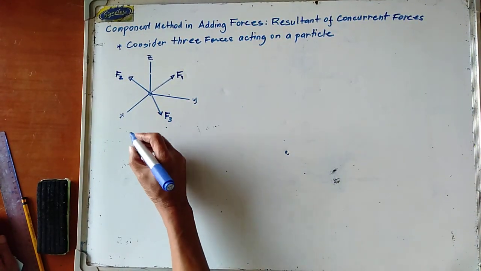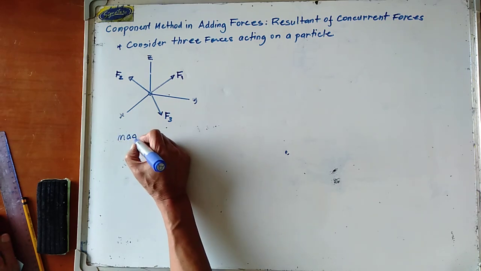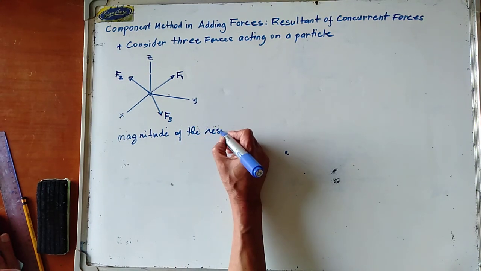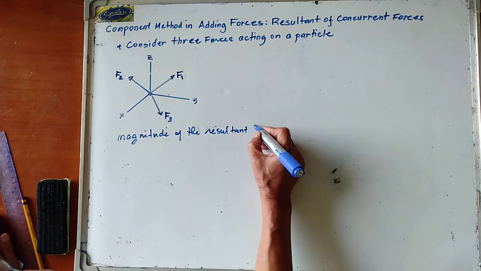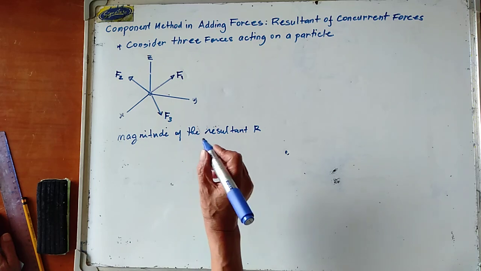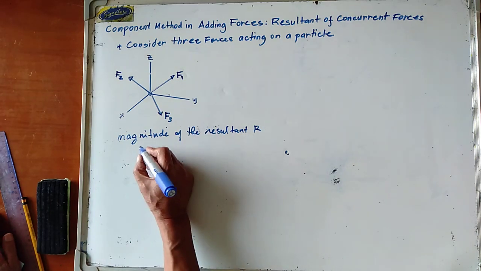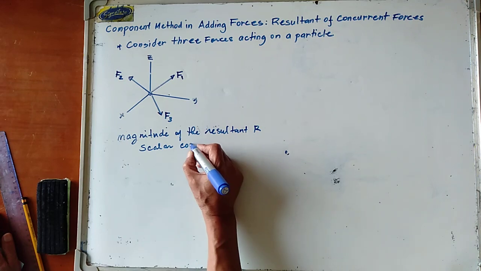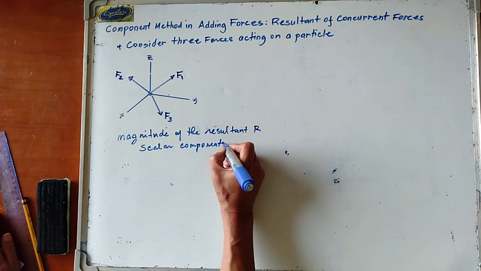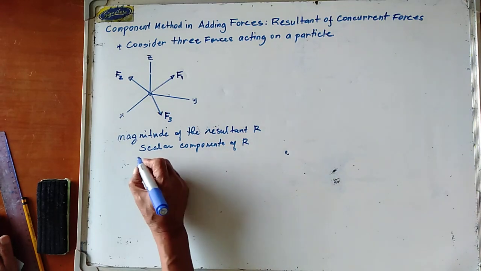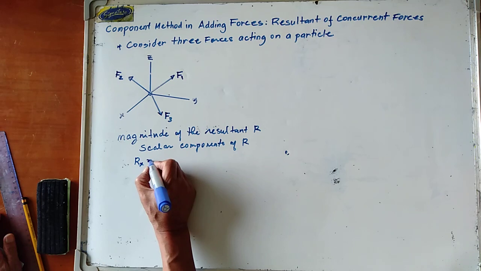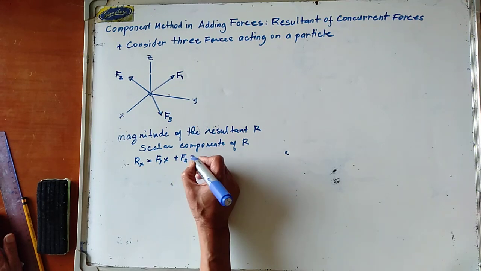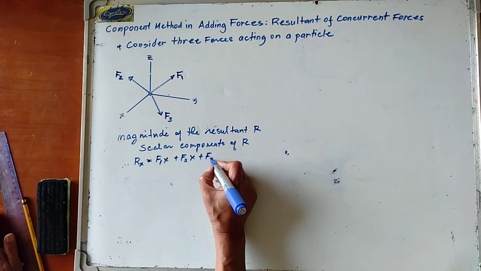Let's now determine the magnitude of the resultant R. To do so, let's get the scalar components of R. Your Rx is equal to F1x plus F2x plus F3x.